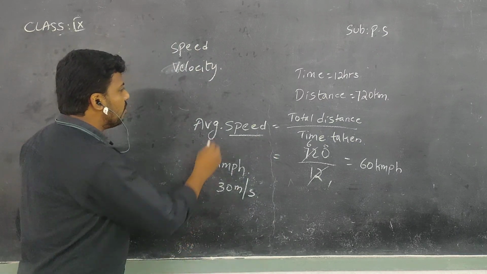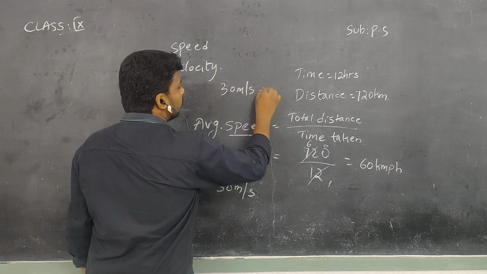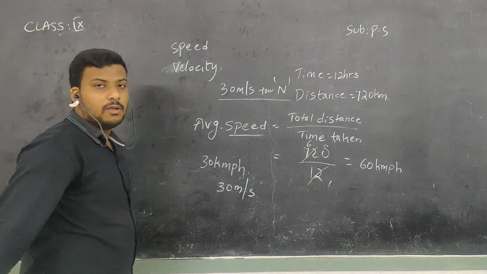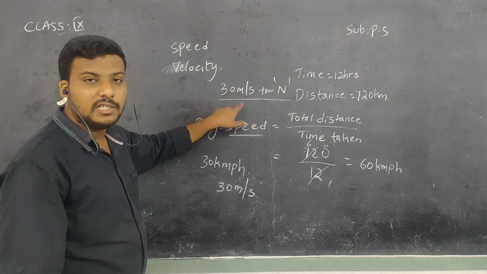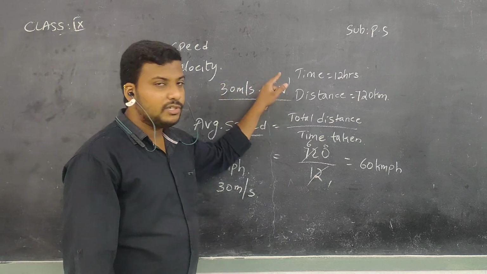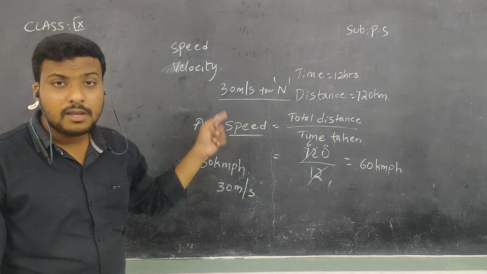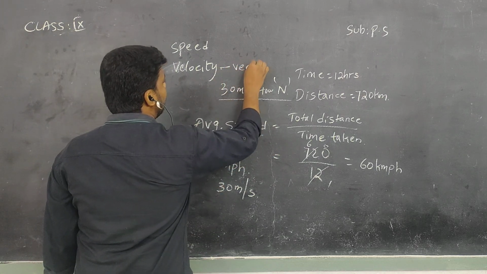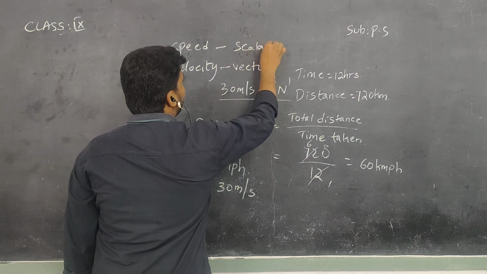Okay, the car is moving with 30 meters per second towards north. Here we have described 30 meters per second, that is magnitude, and north direction. So it has both magnitude and direction. So velocity comes under vector quantity and speed comes under scalar quantity, children.